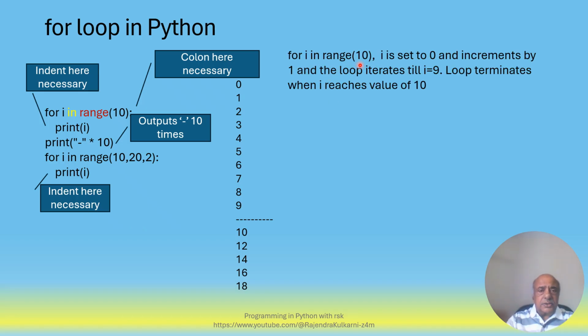For I in range 10, we use the function range by giving one single value, or a constant here. It has to be an int constant. I is set to 0 and incremented by 1, and the loop iterates till I is equal to 9.